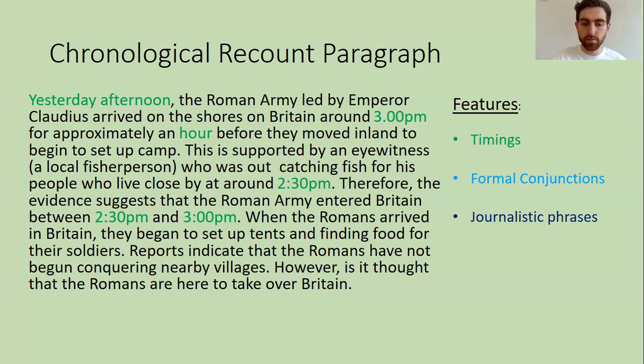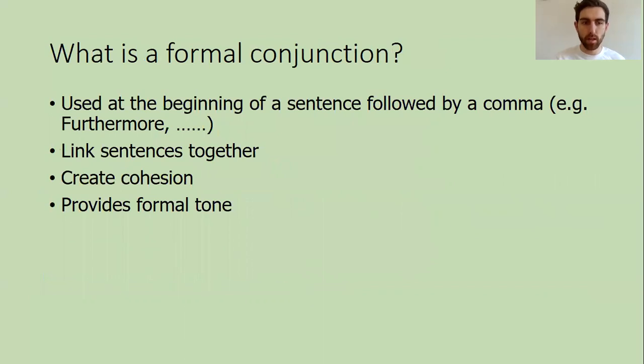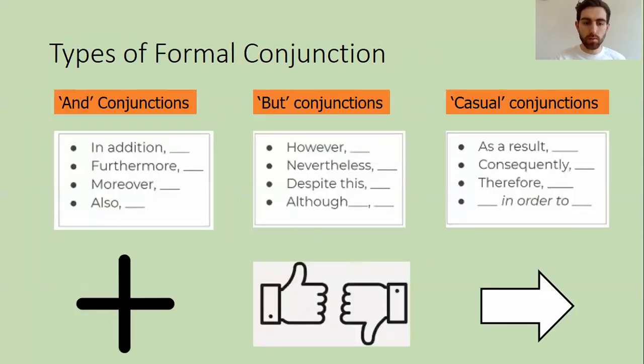Let's look at the 3 different types. Okay, so here we go. On your screen, you should have everything about a formal conjunction. We've got 3 different types. We've got the and conjunctions. These add more information. So we've got in addition, furthermore, moreover, also. Then we move into the second column. We've got but conjunctions.